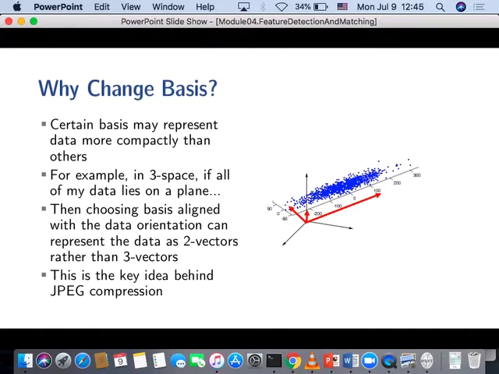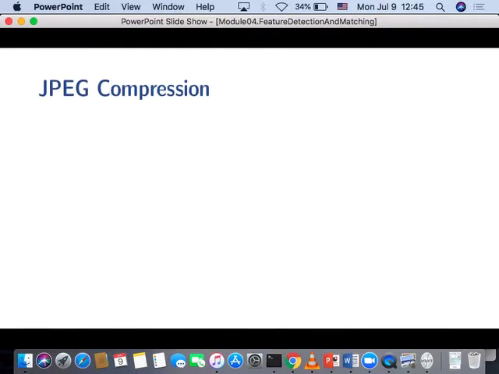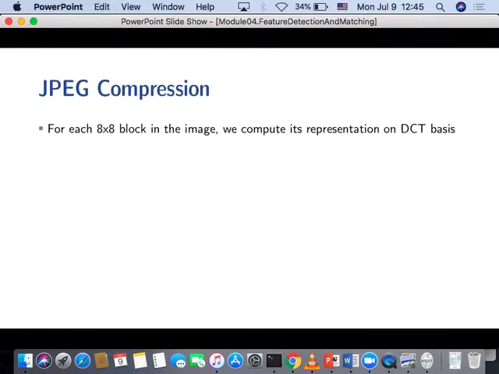This is actually the key idea behind JPEG compression, which is something you use very frequently, right? So how does JPEG compression work? In JPEG compression, we divide the image into 8x8 non-overlapping blocks, and we compute the DCT representation of each block.